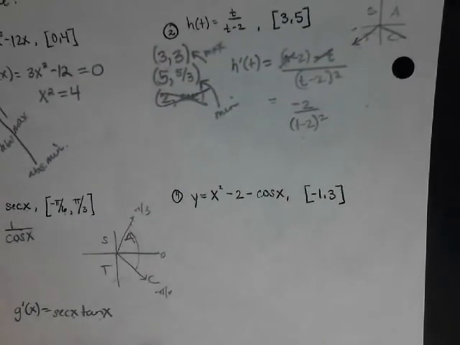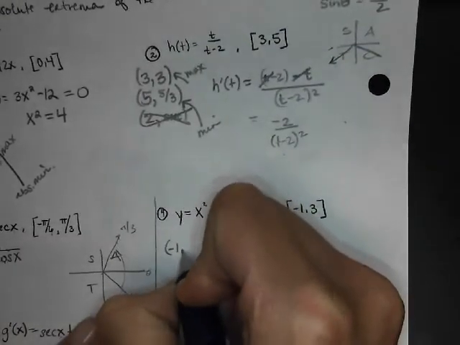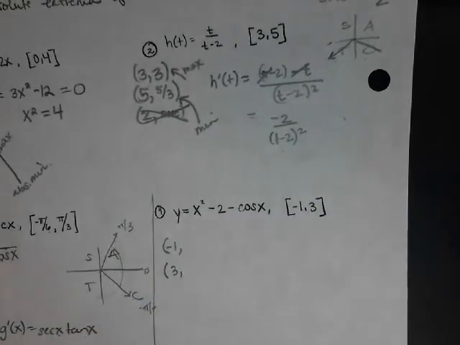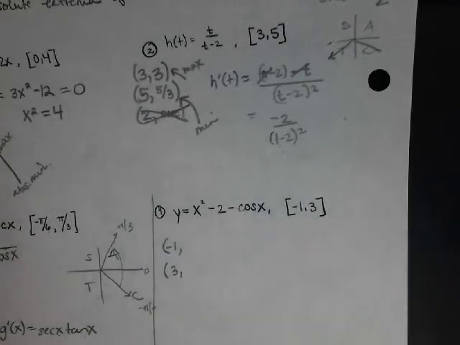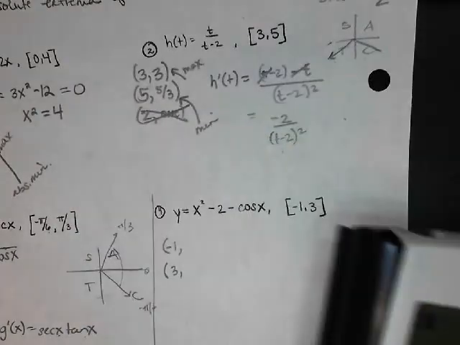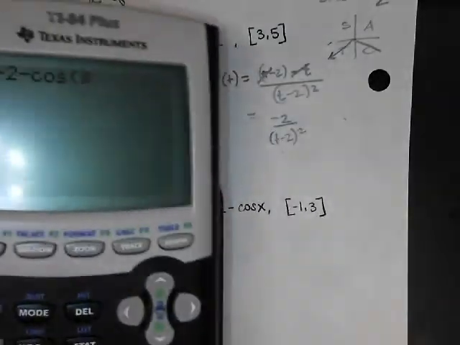And then lastly, our interval again. So we have a critical point at -1 something and 3 something. I think this one we definitely need a calculator for if we're taking the cosine of -1. So -1 squared is 1 minus 2 minus the cosine of -1.